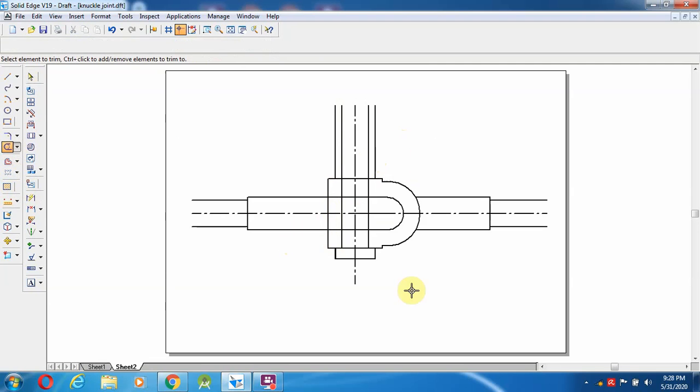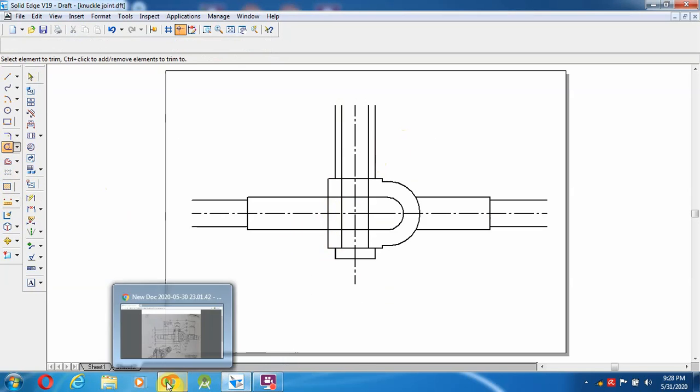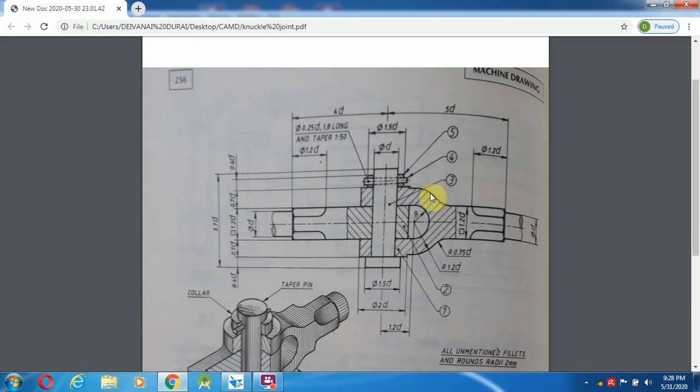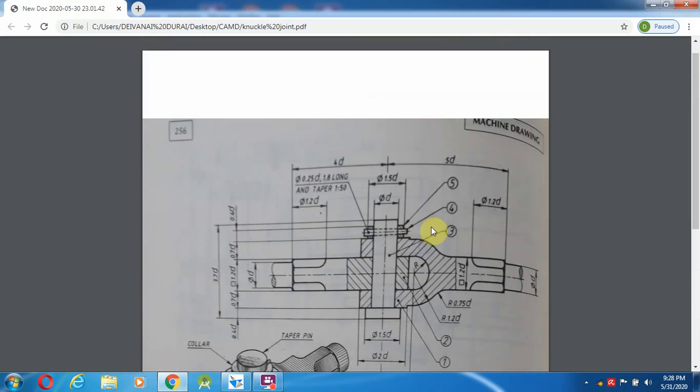After trimming this, one more thing to draw is the collar, the fifth part. For the collar, the length from here is 0.4D, and the same as the 1.5D, so even this is 1.5D, the collar also 1.5D.